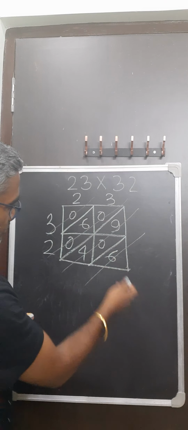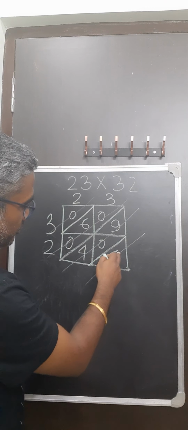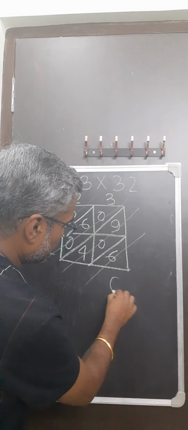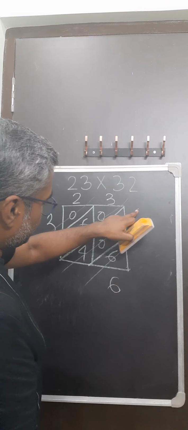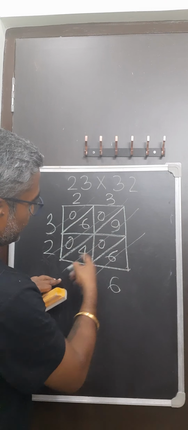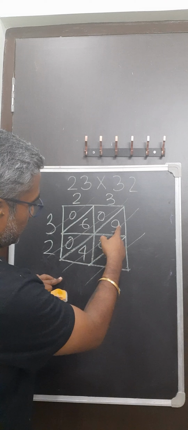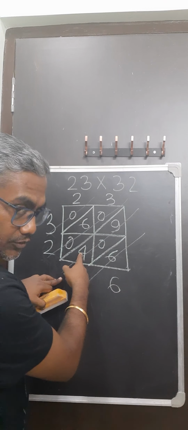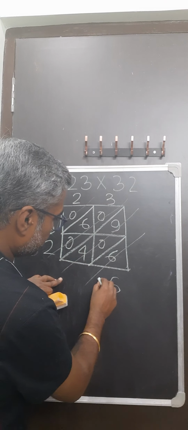So starting from the bottom, this has one number struck by the line, so the number will come 6 here. As these are three numbers together struck by this line, all together the sum will be 9 plus 0, 9 plus 4, so it is coming 13.